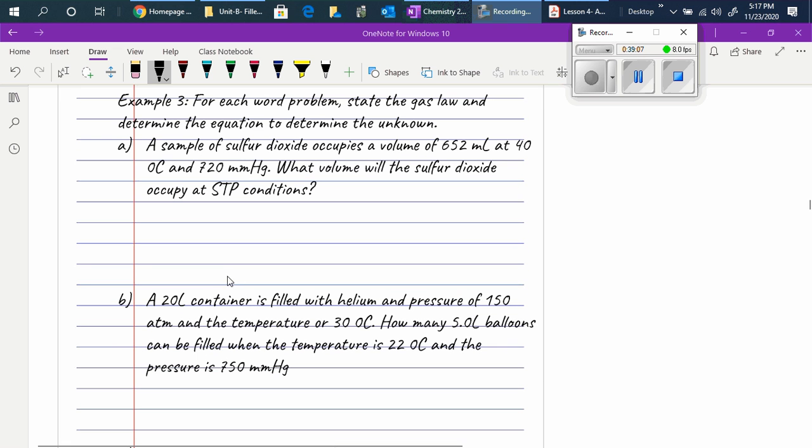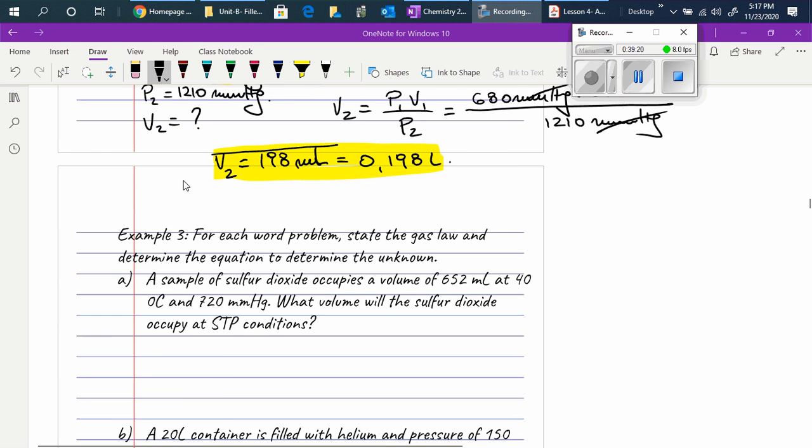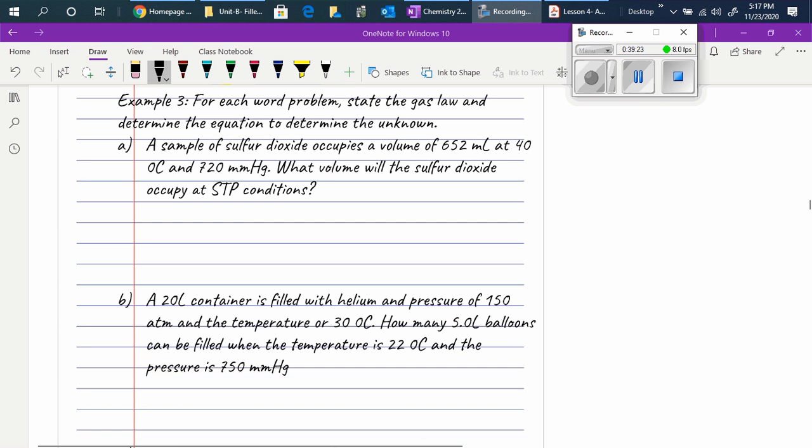Again, what we are doing here is we are defining which equation we are using. So we have 652 milliliters at 40 degrees Celsius and 720 mmHg. What volume will the sulfur dioxide occupy at SATP condition?